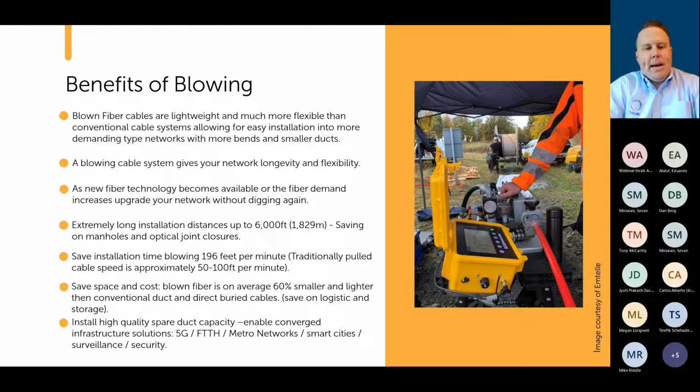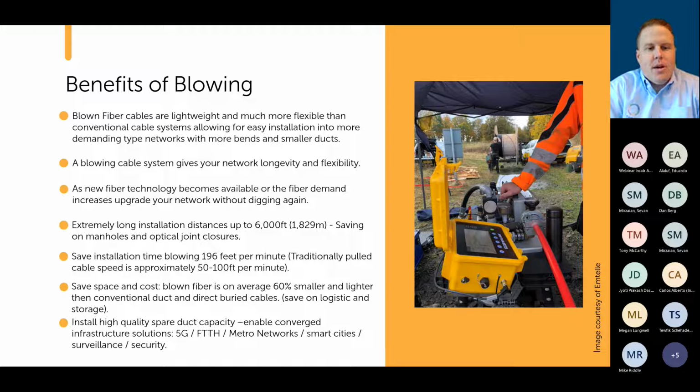And again, we talk about the size, right? I'll probably say it 30 more times during this presentation. The size of the cable is what makes this such a great cost saving product, because you're 60% smaller and lighter than your traditional duct and direct buried cables.